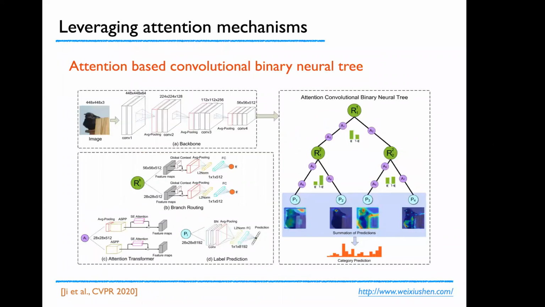And also recently, Ge et al. presented an attention-based convolutional binary neural net tree, which can incorporate the attention mechanism with a tree structure to perform coarse-to-fine hierarchical fine-grained feature learning.